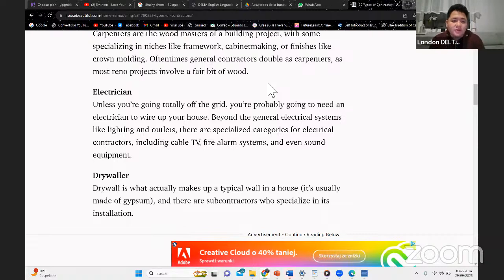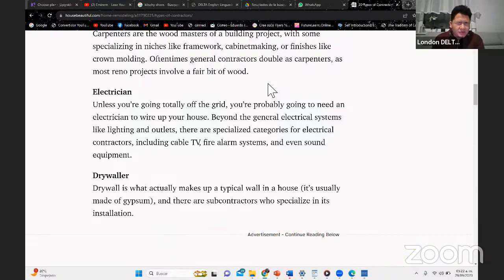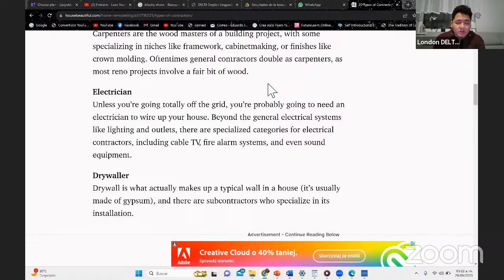Okay, very well. So an electrician basically does everything related to electricity, right? But they can also do some things related to electronics. They can install household appliances.